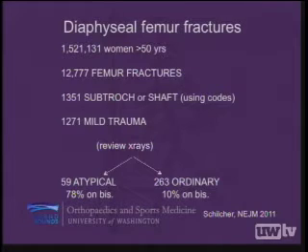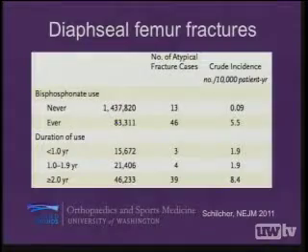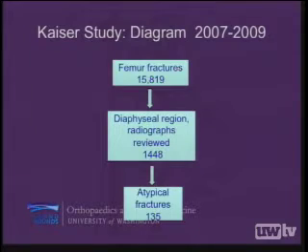Only 59 were atypical, but 78% of them were on a bisphosphonate, and the rest of them were ordinary. And so the relative risk here was 5 times higher if you were taking a bisphosphonate. And if you were taking a bisphosphonate more than 2 years, you were 8 times more likely to get one of these atypical fractures. So that's from Sweden.